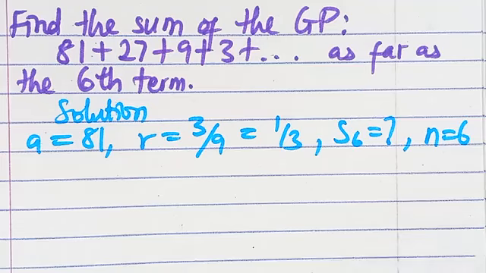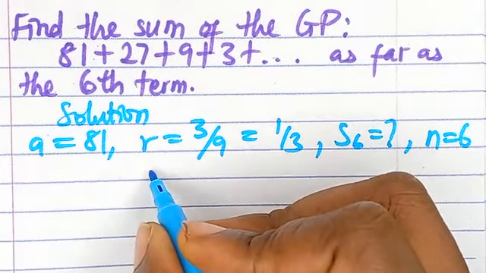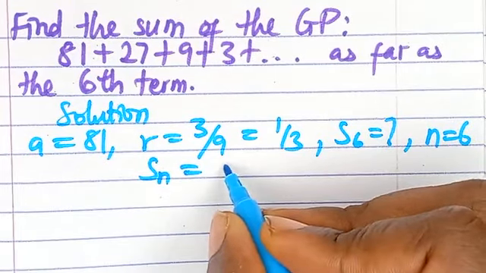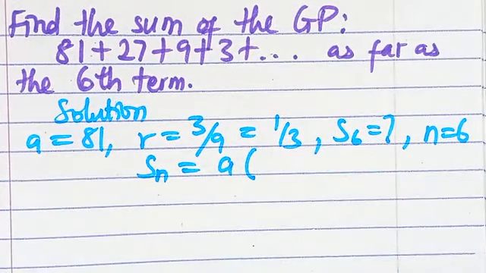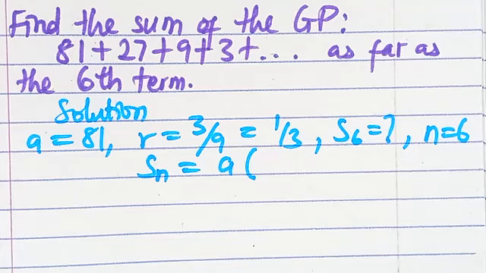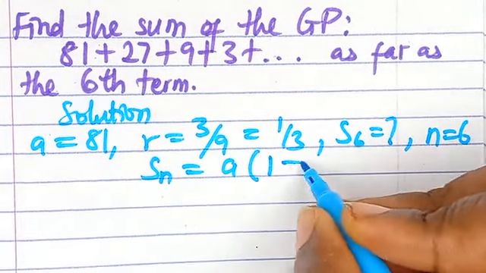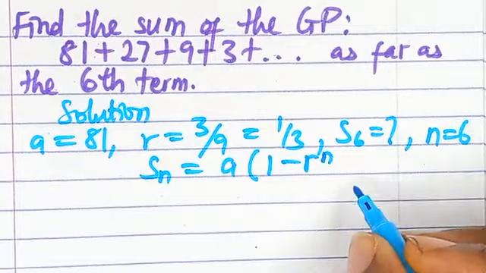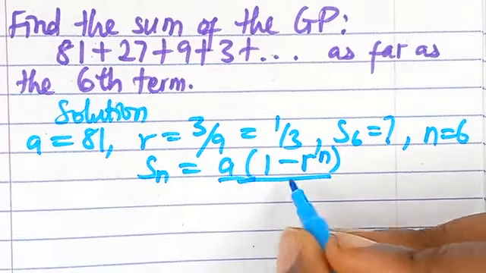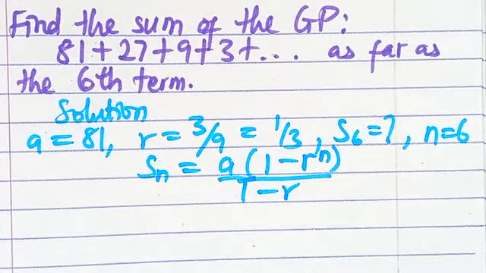Okay, so now we are equipped with everything we need. We have that the general formula, the sum to any number of terms of a GP, is equal to A into the brackets now. We look at R. R is less than 1. 1/3 is a fraction, less than 1. So 1 subtracts our R, and the R on top is raised to power n, over 1 minus R. Okay, so we substitute.